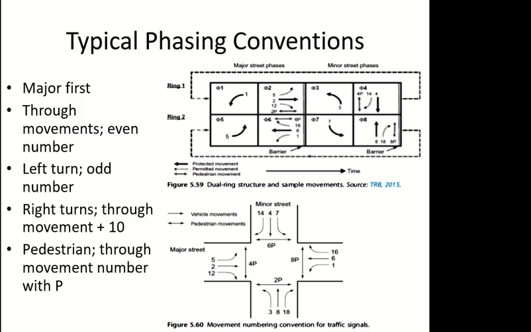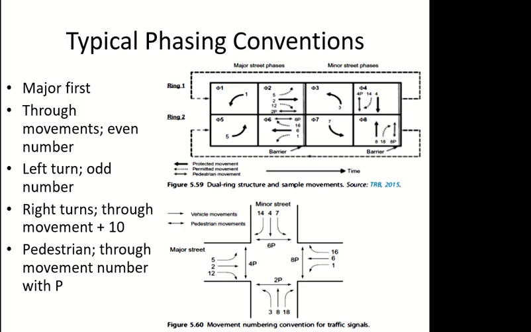So even numbers for straight and odd for left turning, and right turning is coded as 10 plus the coding of straight. So if straight is 2, the right turning will be 12. Straight is 4, the right turning will be 14, and so on.